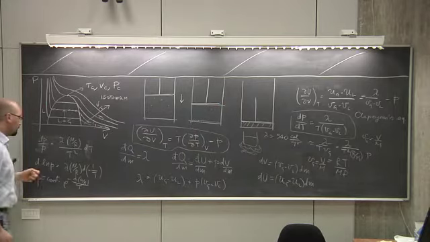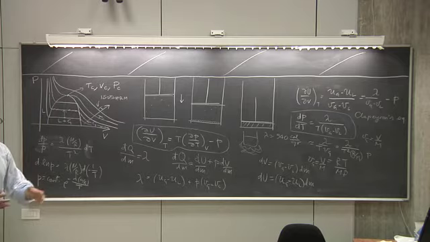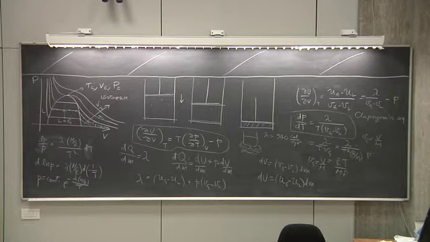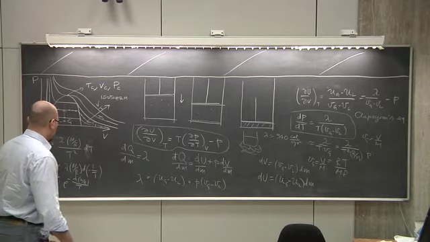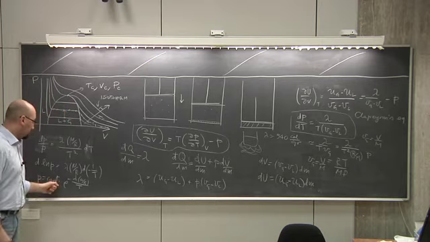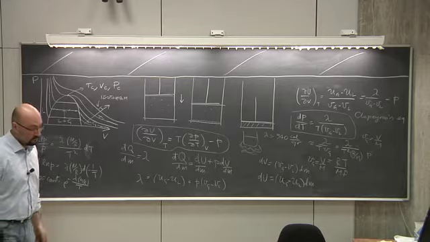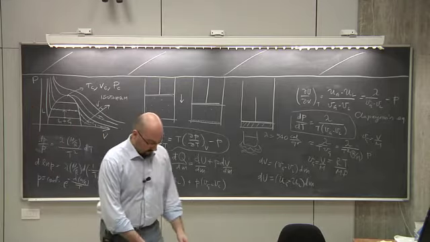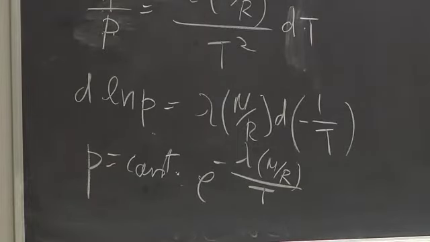Then we get an equation which is very similar to the one that we got yesterday when we were considering vaporization. All right. Yesterday we got more information because we even got the constant right in front, which was a hat trick.